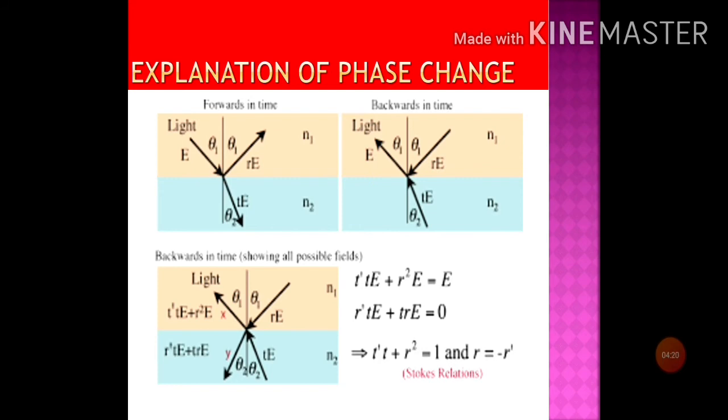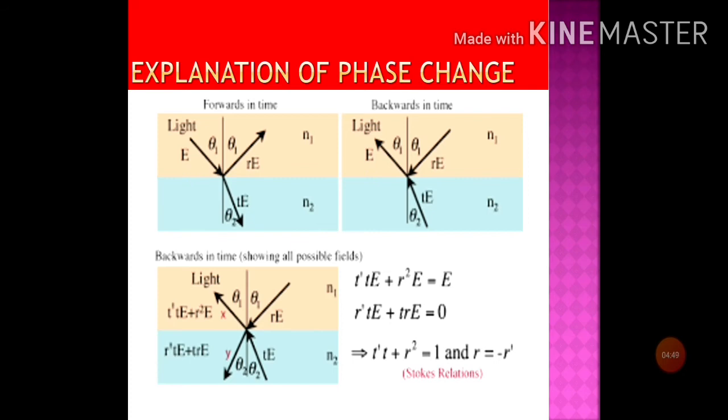Similarly TE, if I consider this as the incident wave, it will also get reflected in medium 2 and refracted in medium 1. Now look at figure number 3. In this figure you can see that when RE gets reflected, originally its amplitude was RE, and when it gets reflected it will become R square E.